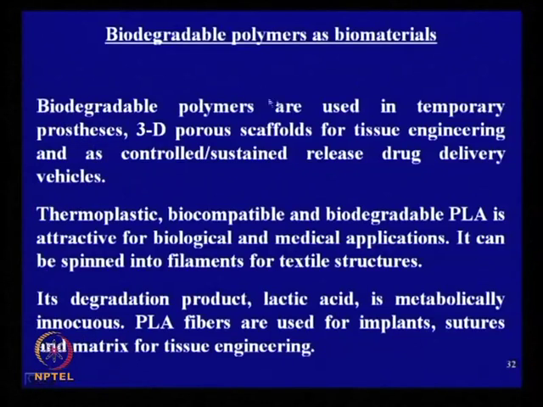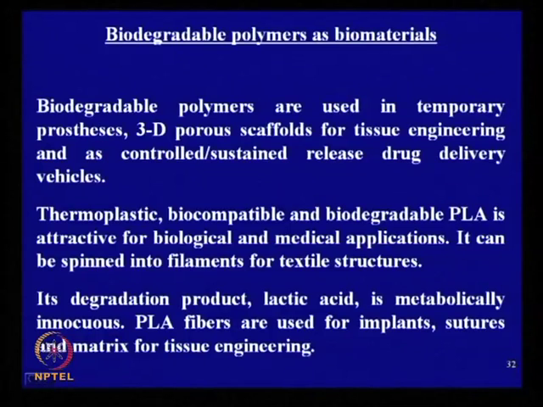Now, look at biodegradable polymers as biomaterials. Could you tell me one example of biodegradable polymer? PLA, you should say immediately, polylactic acid, polyglycolic acid, a copolymer of polylactic acid and glycolic acid, those are biodegradable polyesters.